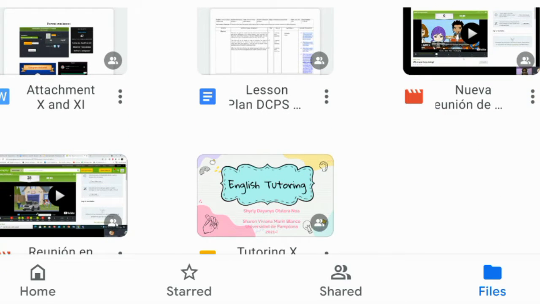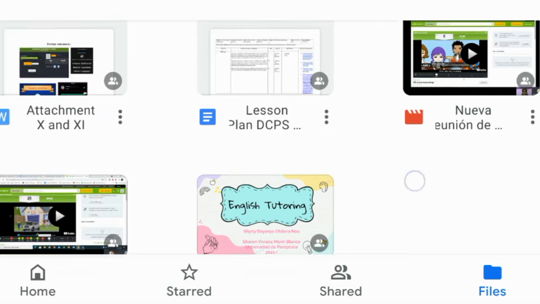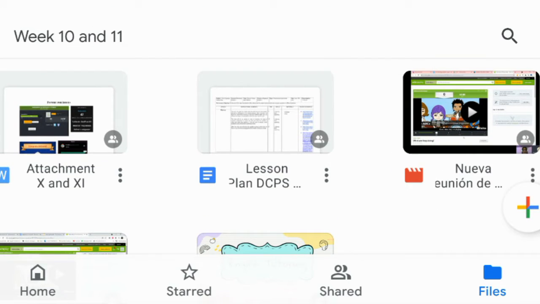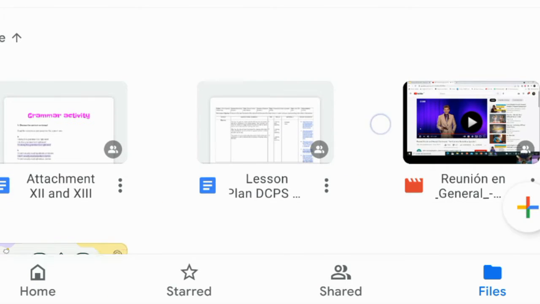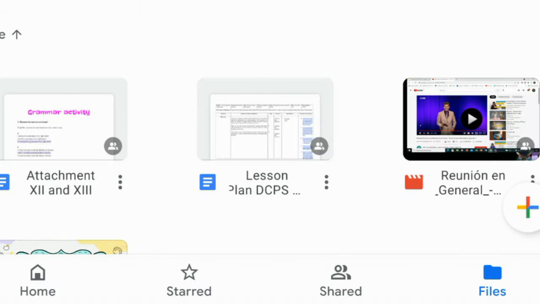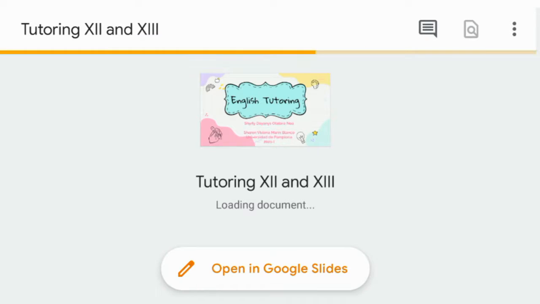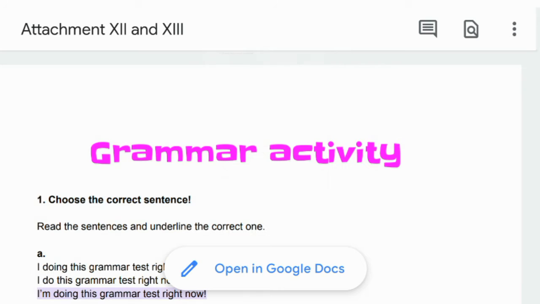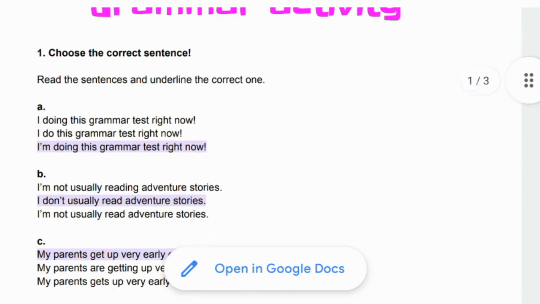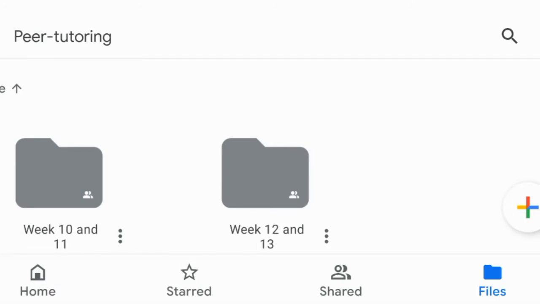These meetings were done in 2 hours because there were a few weeks in which we did not meet due to the suspension of the activities. As in the previous folders, these contain the planner, the slides, the recording, and the evidence of the activities developed by the student. And that's it.